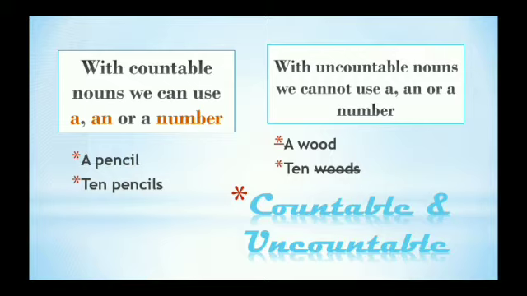It's again a wrong usage. So, with uncountable nouns, sometimes we can use the definite article. So, what is the definite article? Yes, the is a definite article. So, we can use the wood but not a wood. Also, we cannot count them. So, it would be just the wood.